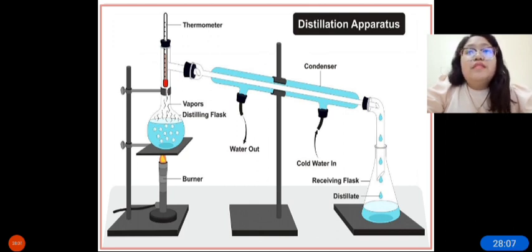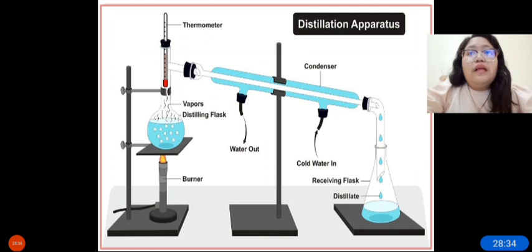Then the vapor rises and passes through a thermometer that monitors the temperature to ensure it remains within desired levels. Then the vapors enter the condenser where they are cooled back into liquid form. This is facilitated by cold water circulating within the condenser, entering through the cold water in and exiting through water out.